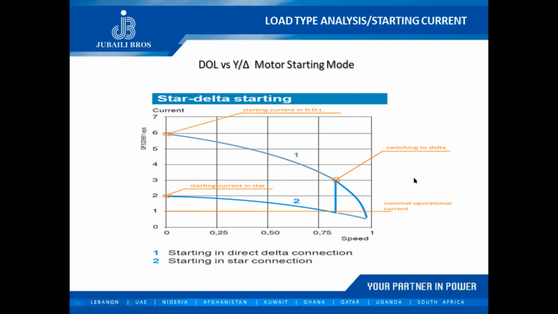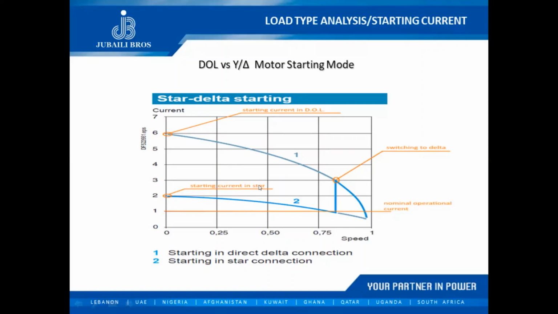Now to mitigate the effect of starting current, we add what is called a starter. So a Y delta starter, or a star delta as it's called, is the most common starter, and it decreases the starting current to around 2.5 to 3 times the running current.